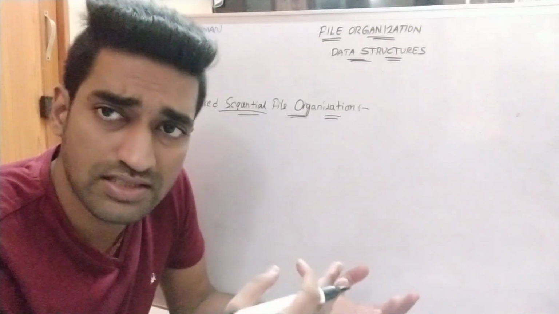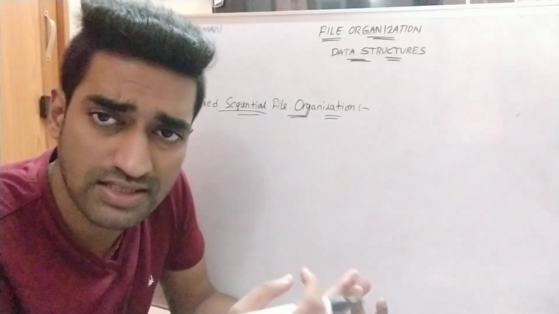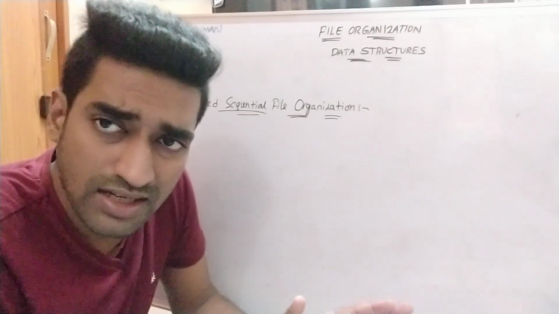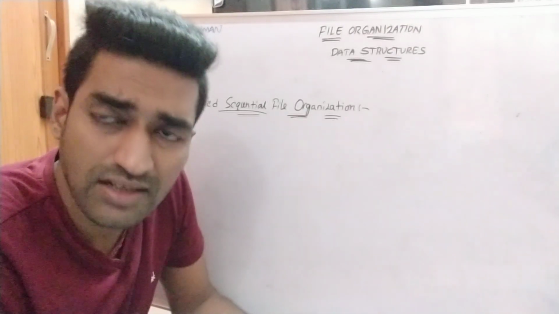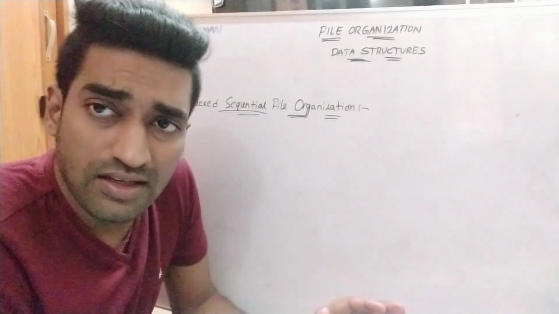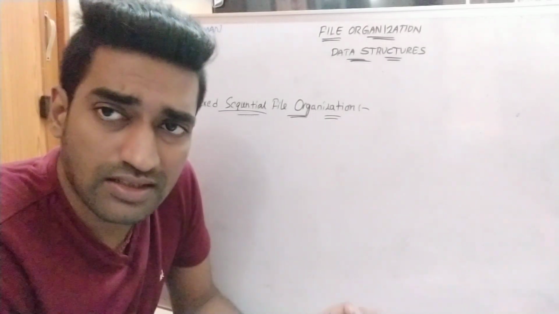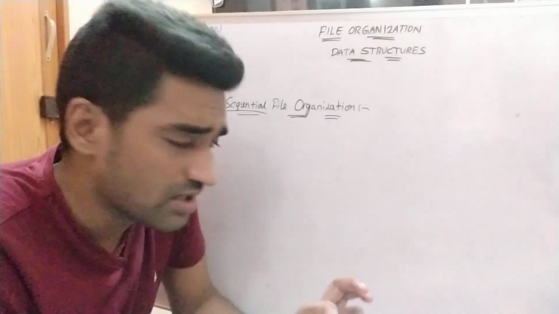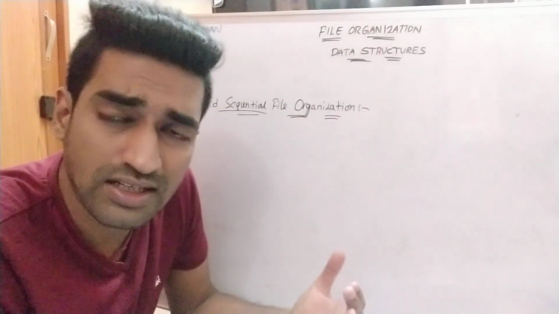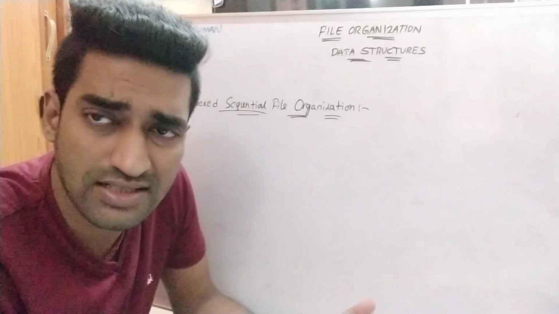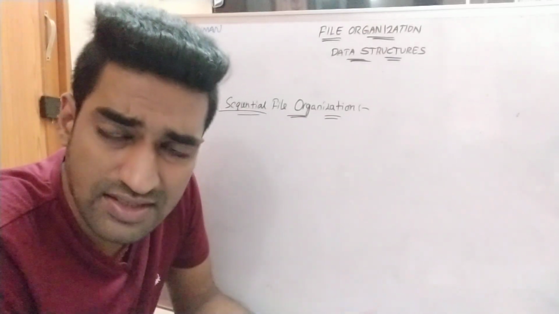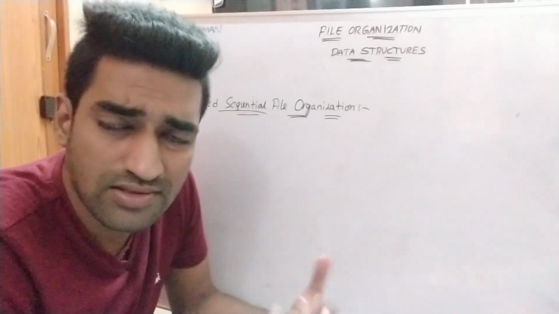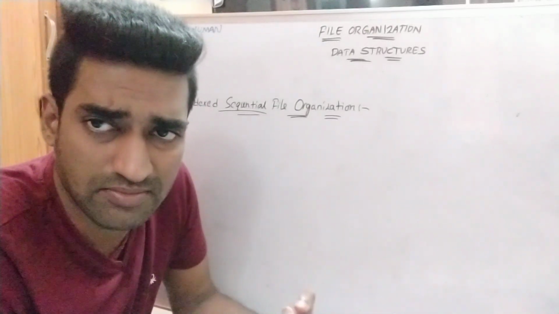Sequential file organization, indexed sequential file organization, direct file organization. By using those techniques, we can process the data or records in a file in an efficient way. Here processing is nothing but searching, accessing the records from the file, insertion operation, deletion operation, append operation. These are the different types of processing.